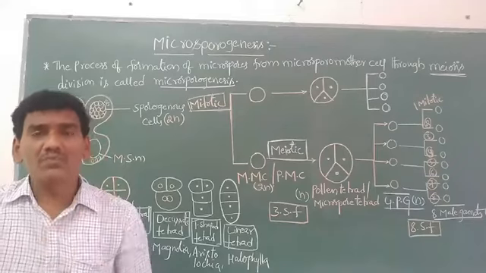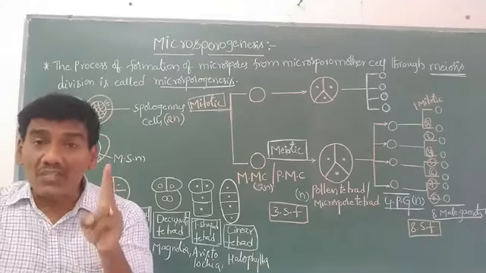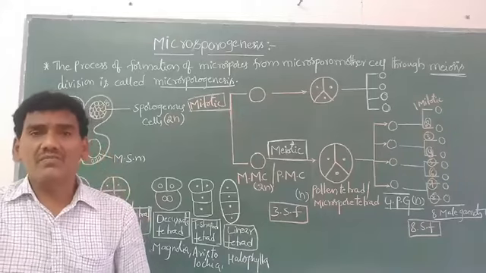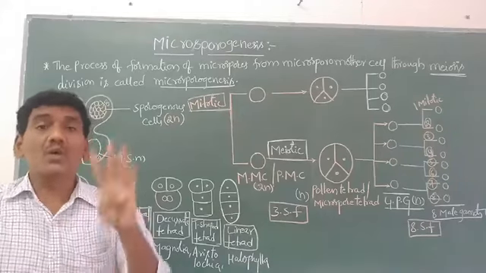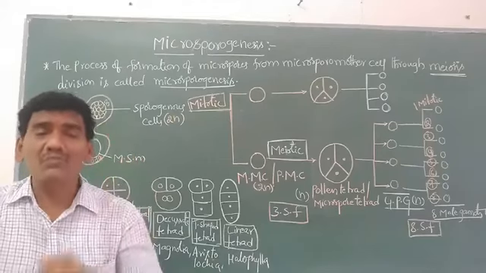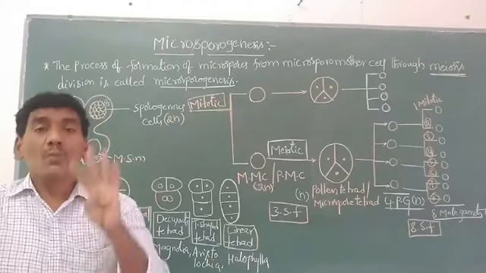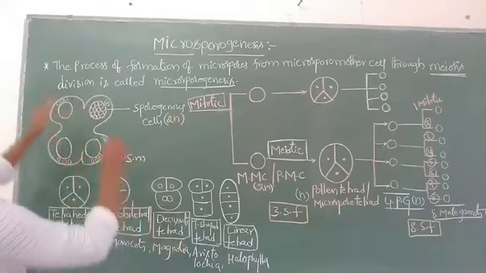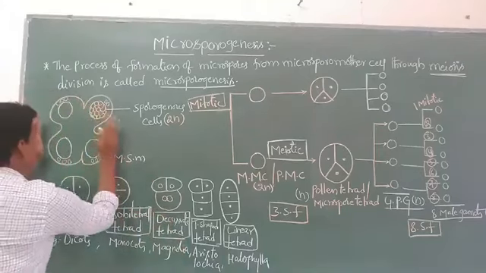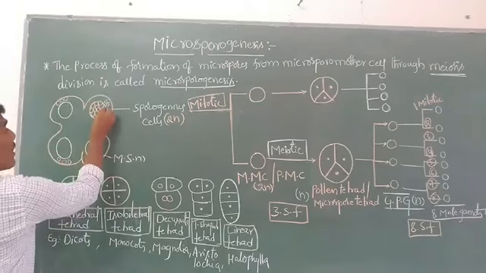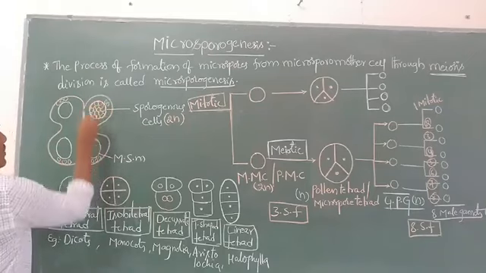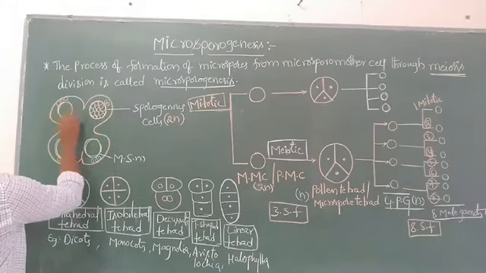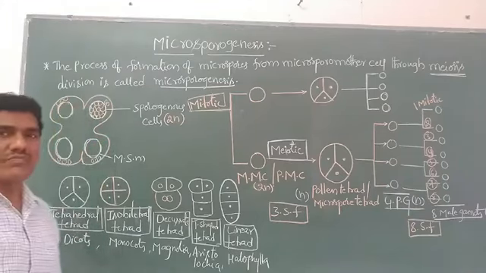In each lobe, two microsporangia are present. In the two lobes, totally four microsporangia, or four pollen sacs, are present. This is one microsporangium, this is one microsporangium, this is one microsporangium, and this is one microsporangium.